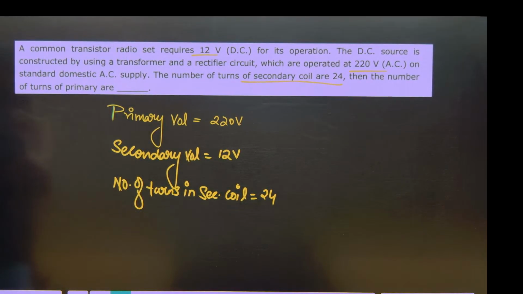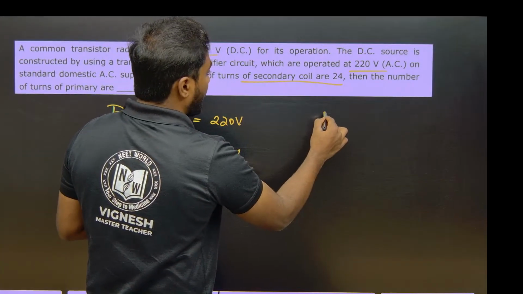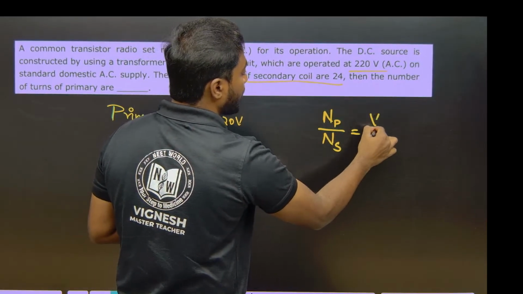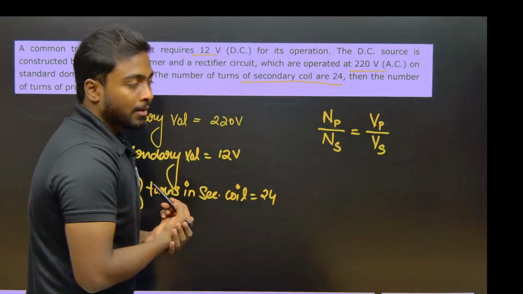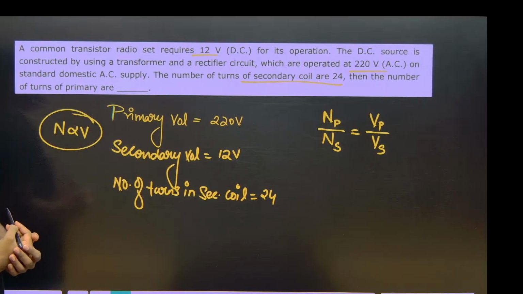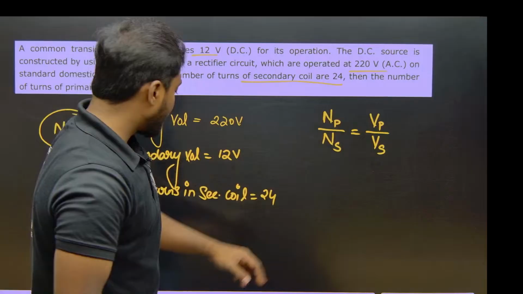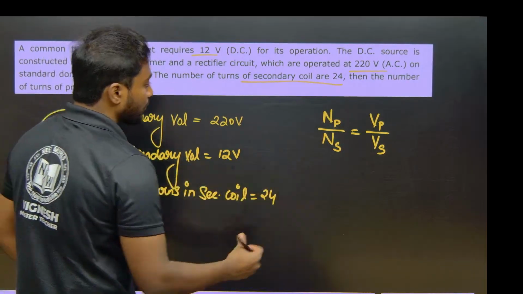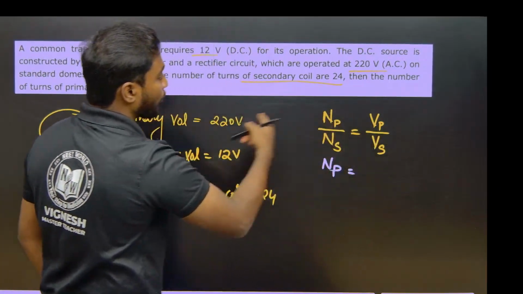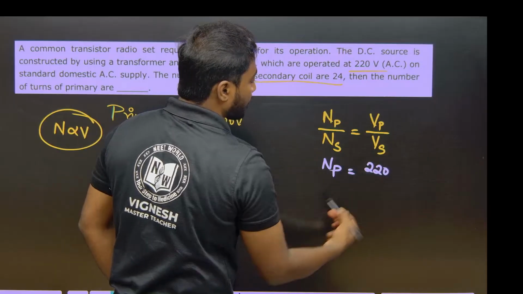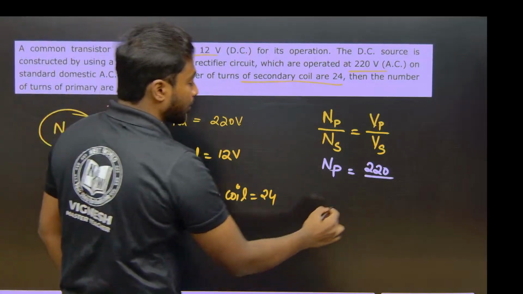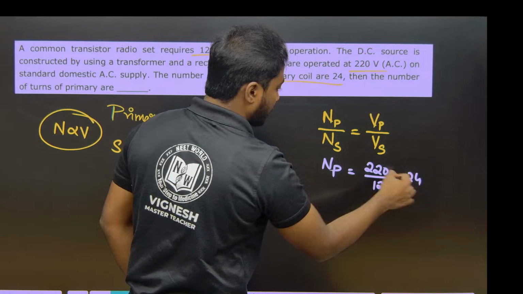Now I need to get the answer: number of turns in primary divided by number of turns in secondary is equal to voltage primary by voltage secondary. The number of turns is directly proportional to the voltage. So the number of turns in primary is 220 divided by 12, into 24, the number of turns in secondary.